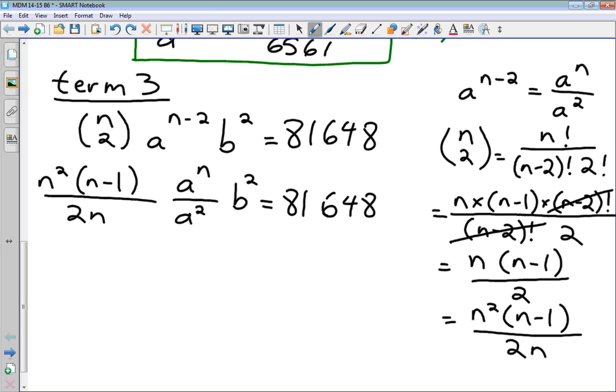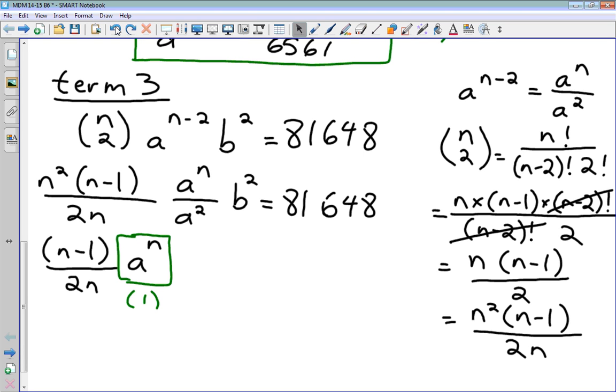Well, let's group all of these things together that are kind of squared. So I'll keep the n minus 1 over 2n out front. I've got an a to the n. I know what a to the n is, though. That's what we had for equation 1.